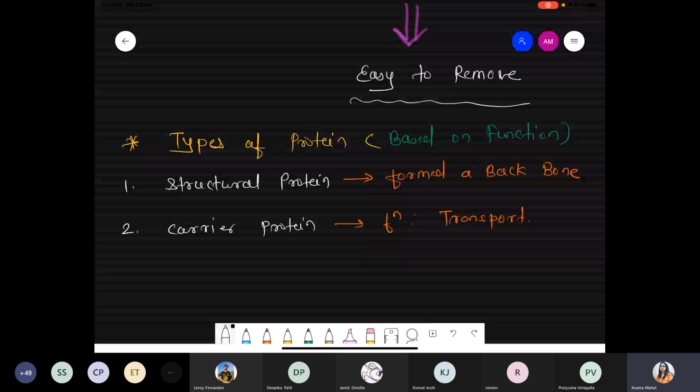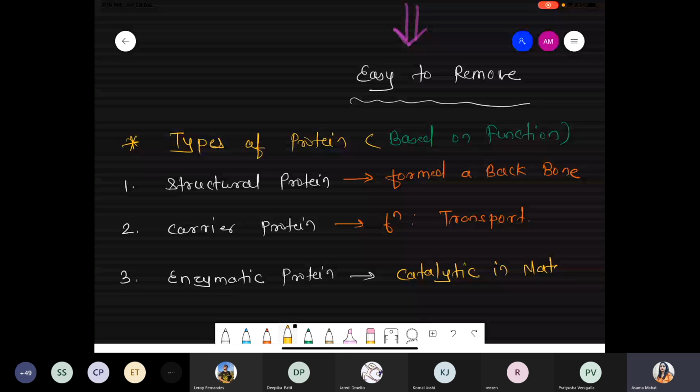In some cases, they also have enzymatic activity, because you know very well, all enzymes are protein in nature. The other type of protein is enzymatic protein, and enzymatic proteins are catalytic in nature, meaning they are responsible for various reactions, catabolism or anabolism.